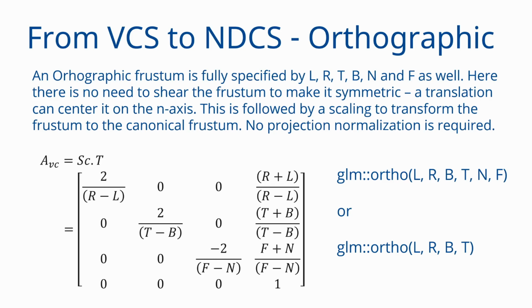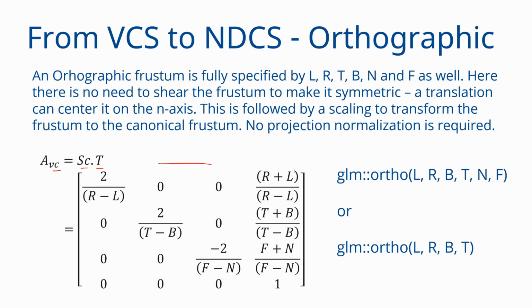Then you do not need to do the shear and the projection normalization to get to CCS. You already have a cube. You just need to recenter it so that the origin is in the middle, and you need to scale it down. So the VCS to CCS transformation then is just a combination of a scaling and a translation, and it is going to look like this.